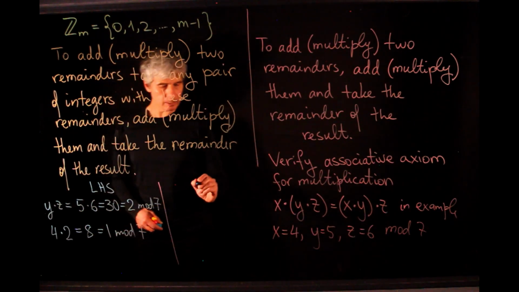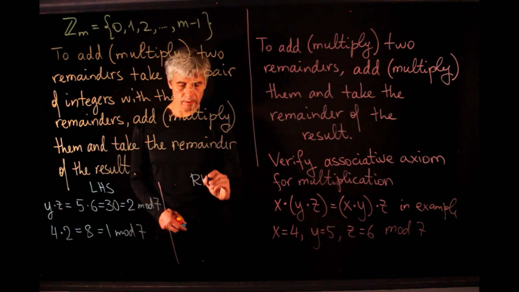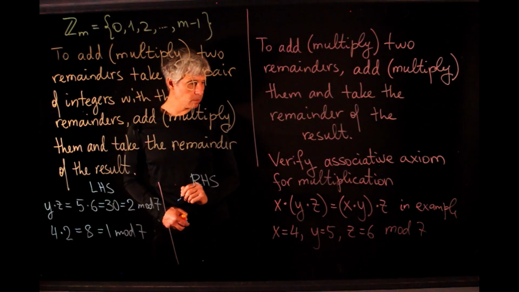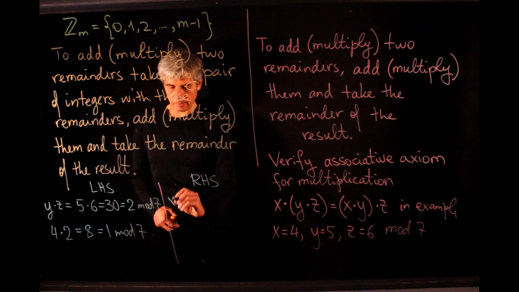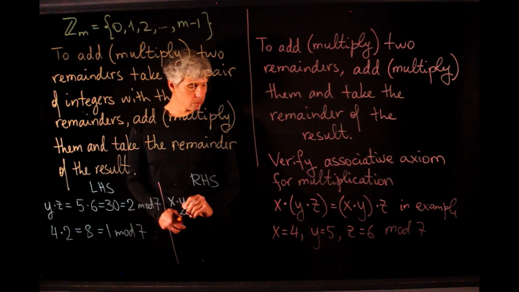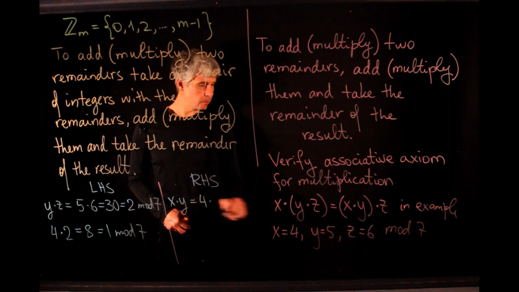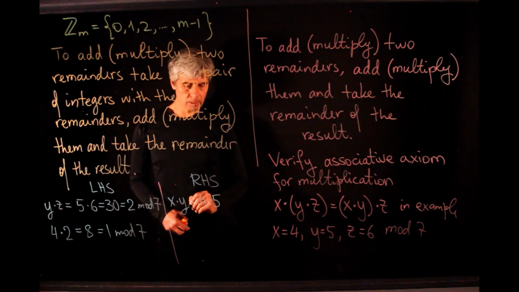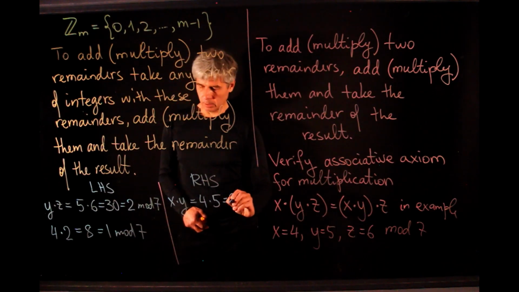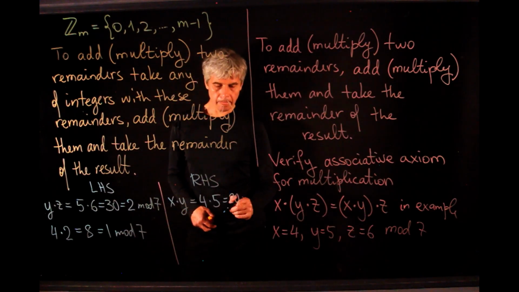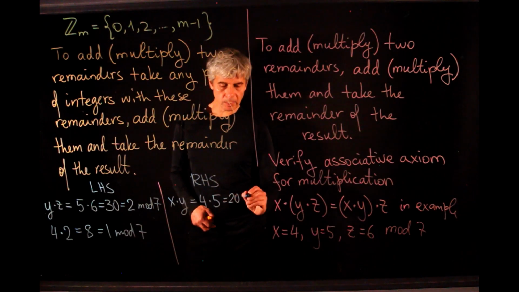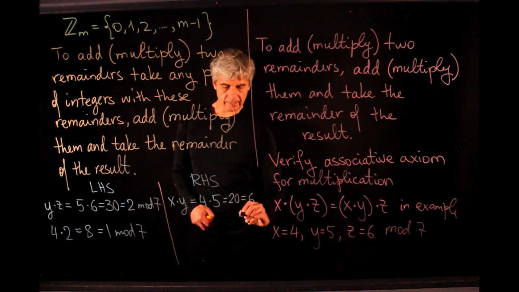Right? So now let's do the right-hand side. So in the right-hand side, we have x times y. So this is 4 times 5. So that is 20, which is, we subtract 14, so we get 6 mod 7.